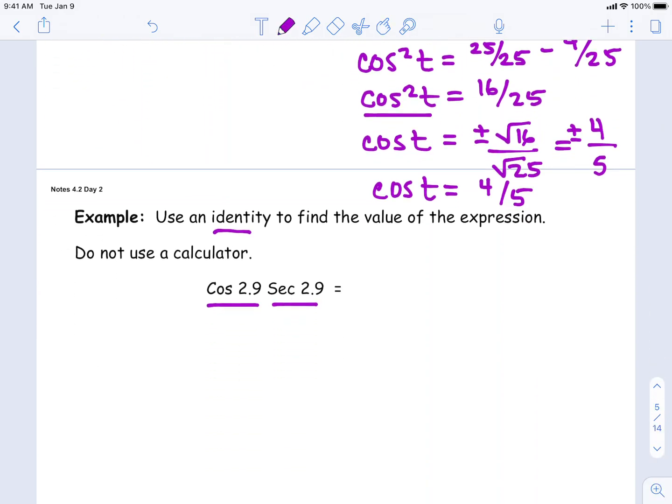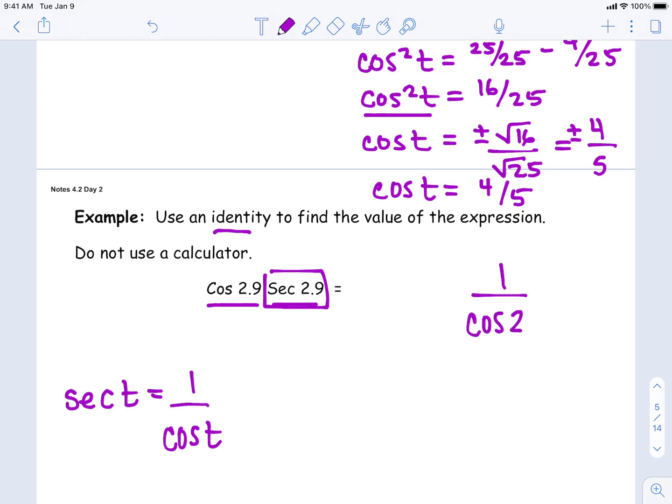So I'm going to use the identity that the secant of an angle is 1 over the cosine of the angle. So I'm going to change this to 1 over the cosine of 2.9. I am reciprocating it.